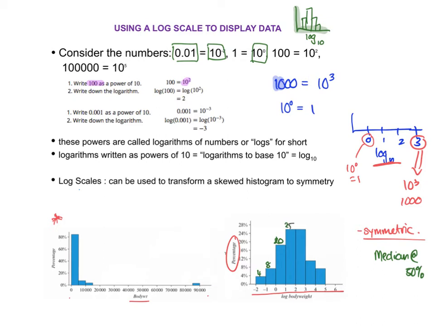So if I was going up along to 50% it heads in here. So I would say the median occurs somewhere between 10 to the power of 1 and 10 to the power of 2. What's 10 to the power of 1? Actually 10. And 10 to the power of 2 is 100. So in that zoo, the median weight for the animals is between 10 and 100 kilos. And that would probably make sense. We'd have lots of animals within that range, yeah?